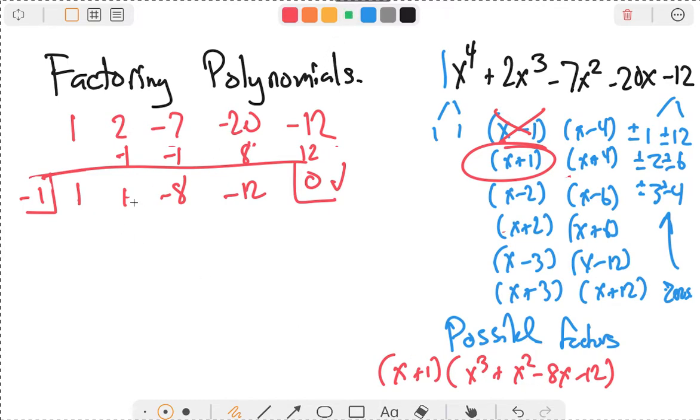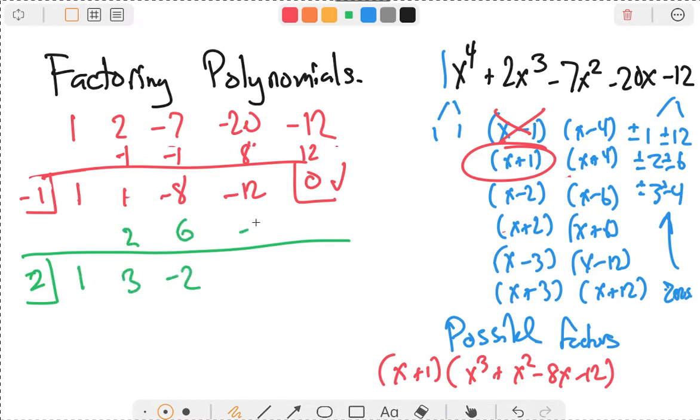But look, I already have this problem set up here, so I can just set up another synthetic division right underneath of there. Let's try the next one. Let's try x minus 2. So I got 1, 2, 3, 6, negative 2, negative 4, negative 16.